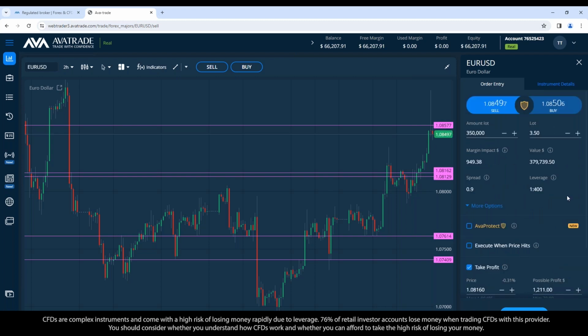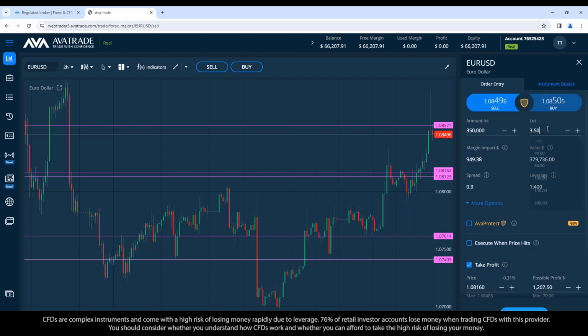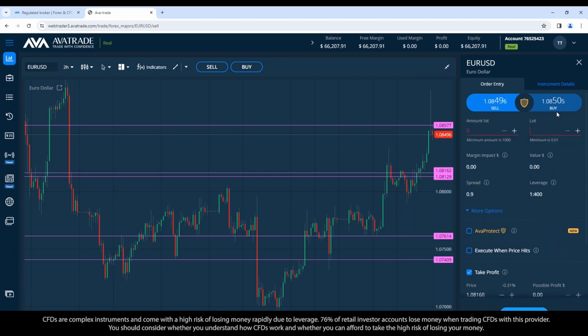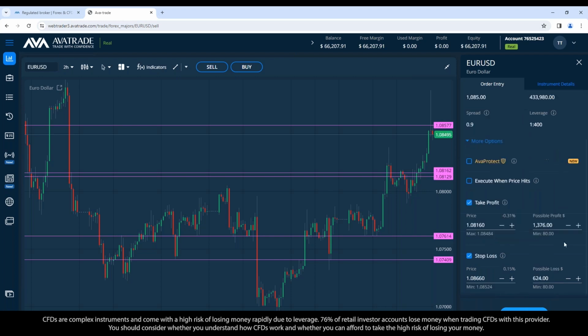So I can easily adjust and risk manage how I want. That's less than 1% of my balance. Maybe I could even go with a larger trade if I want to risk 1%. How much you want to risk per trade is up to you, percentage-wise, on your account. But the key is, whatever amount you want to risk per trade, you can calculate it here in the order window before you place your trade.